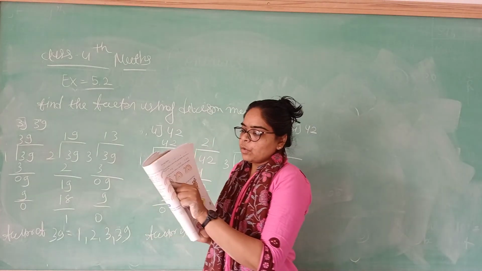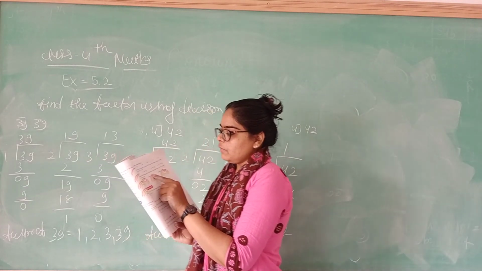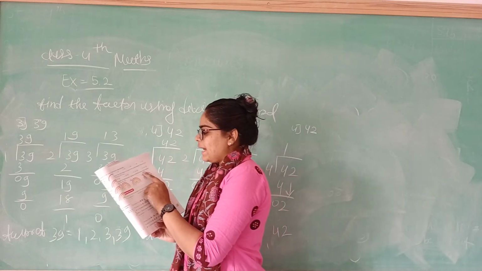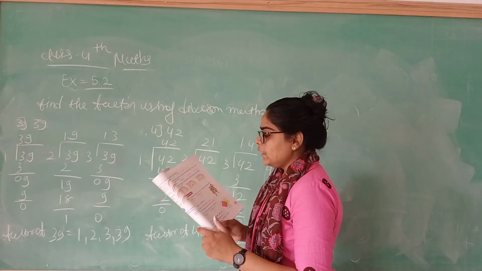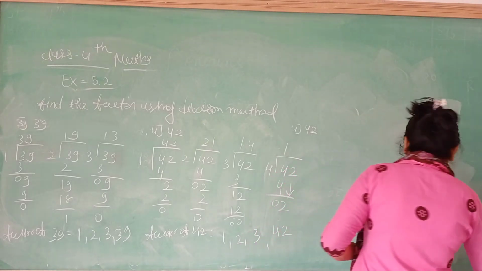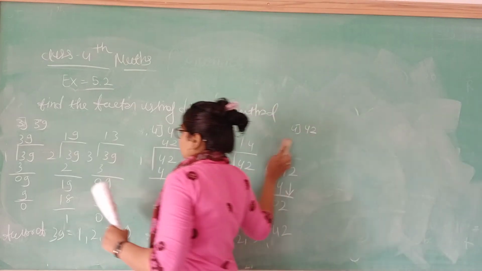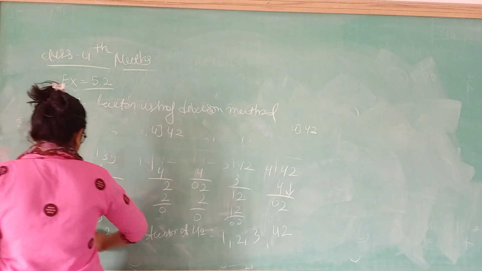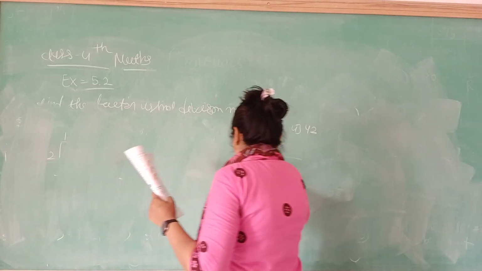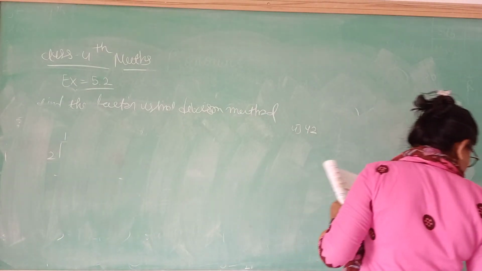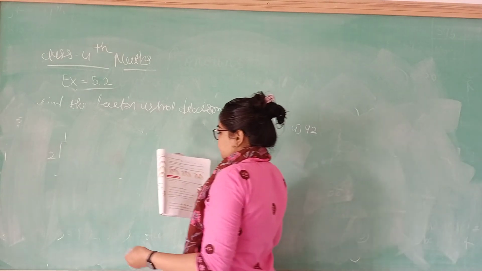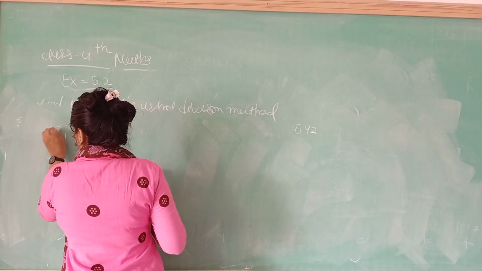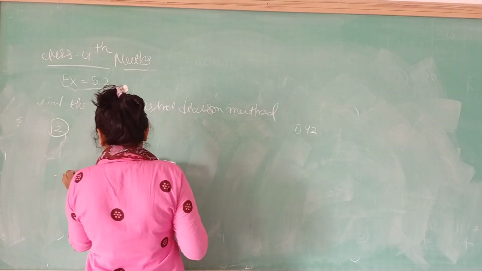Then after that, complete the following factor clouds, then find the factors of the given number. Write down in the cloud. Okay. So here a rainbow is given. What do you do? The first question is 12. 12 is the given number.